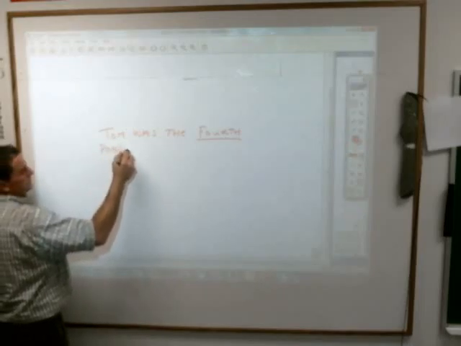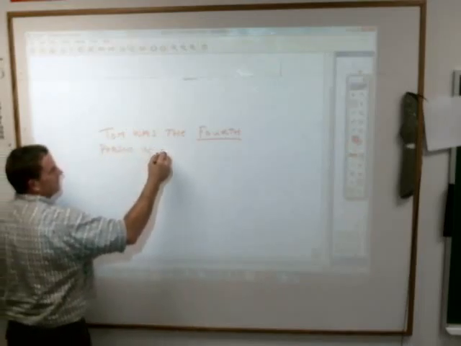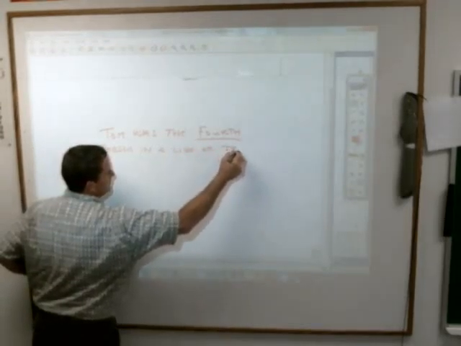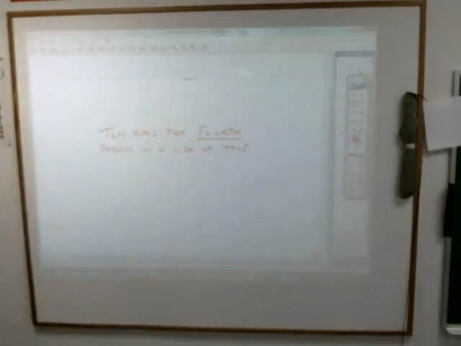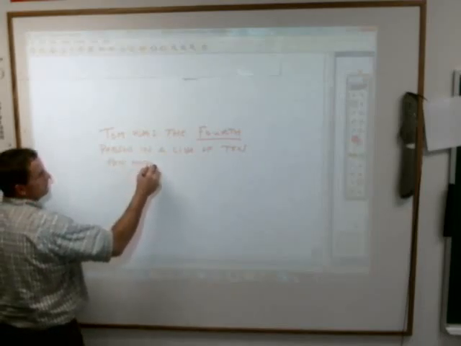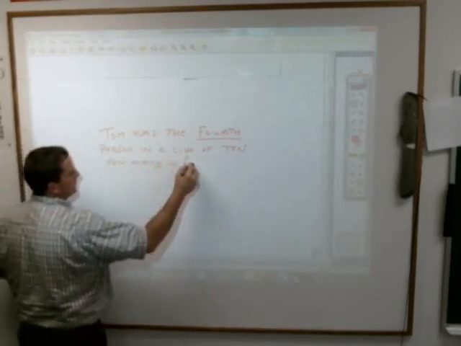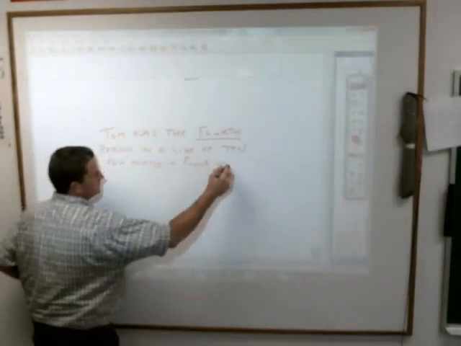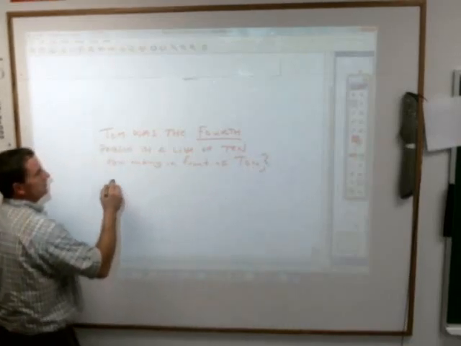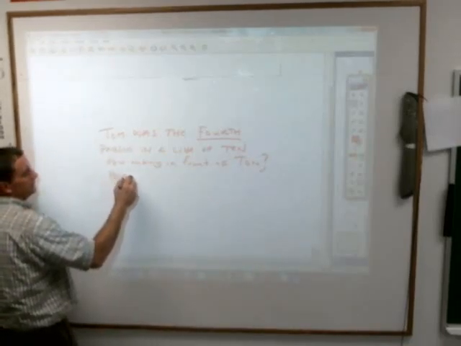Person in a line of 10. How many people were in front and how many people were in back? How many in front of Tom? Question mark. How many in back?